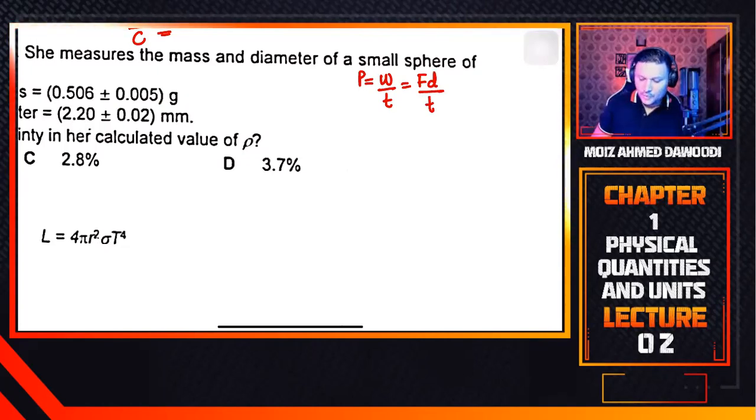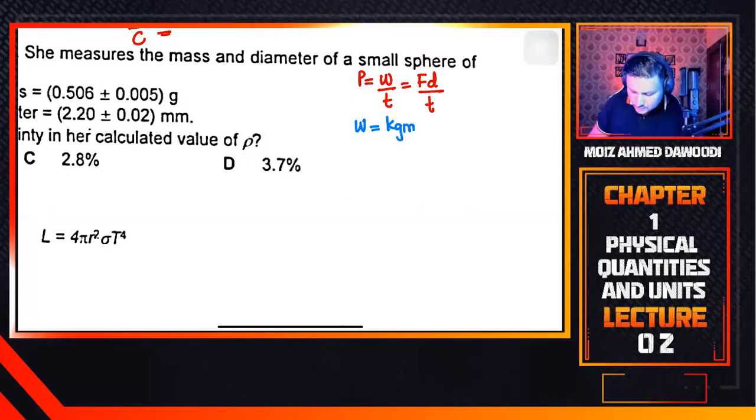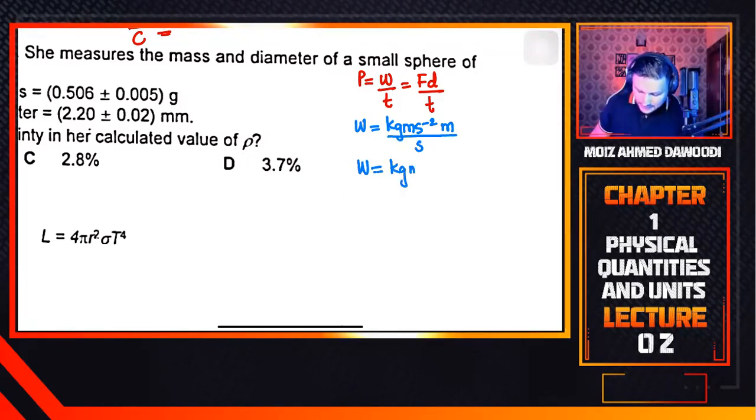Now, I'm going to write the whole equation in terms of units. Power as a unit what? Work as a unit, sorry, force as a unit kg m s^-2, distance as a unit meter, and time as a unit second. So this is equal to kg m^2 s^-3.